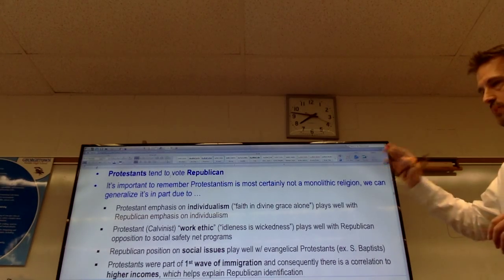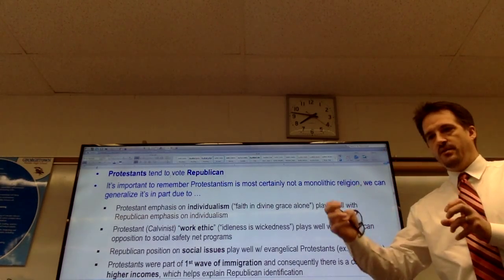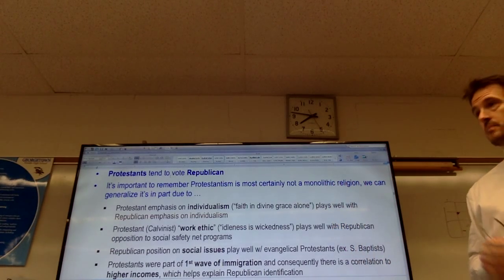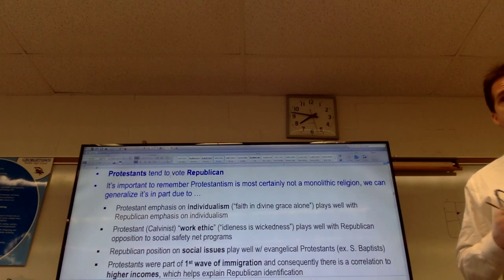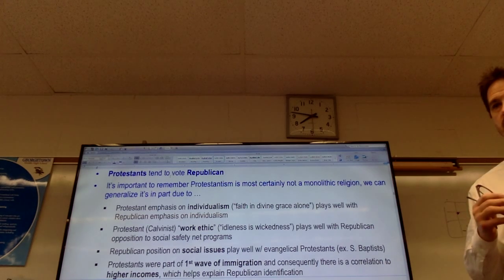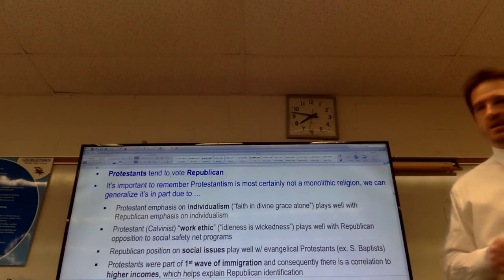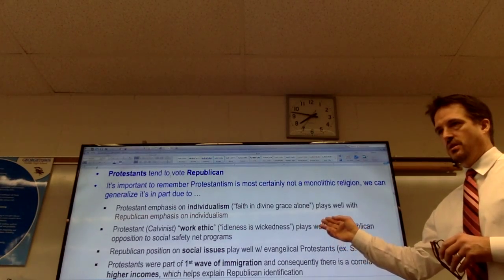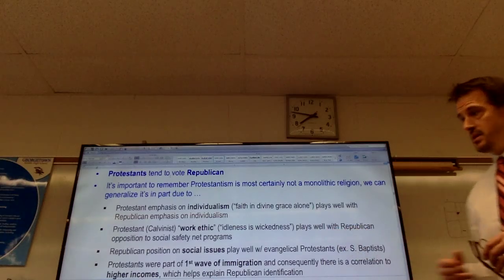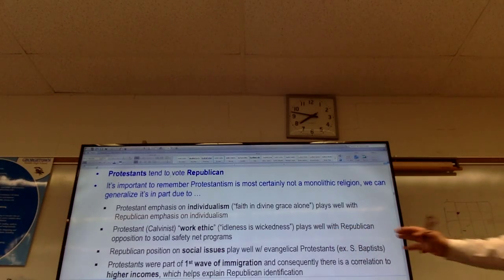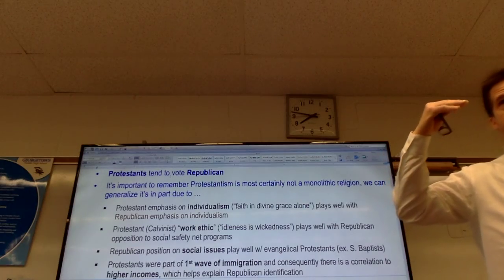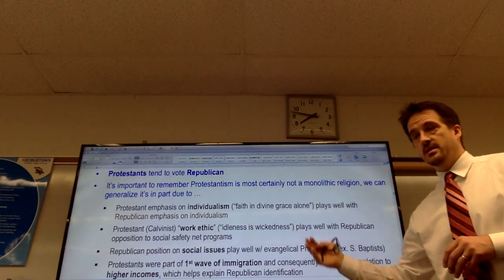The Protestant groups continue to kind of divide, and you got some of the evangelical groups, some of the groups that were a little more fundamentalist, believed more in the idea of proselytizing and knocking on doors. They take a much more conservative position on a lot of social issues. That plays well with the Republicans. And again, as a reminder, as we did immigration, that first wave of immigration was Protestant.